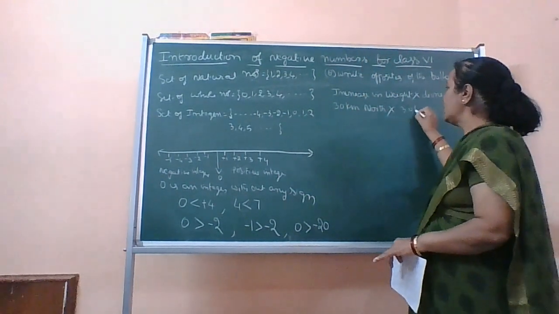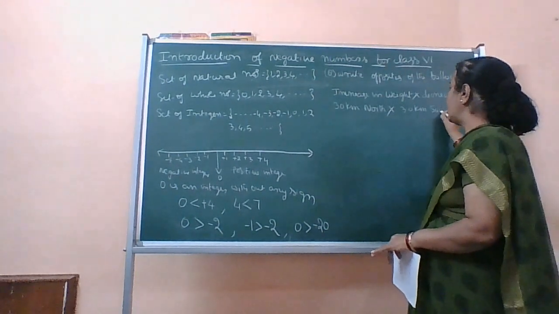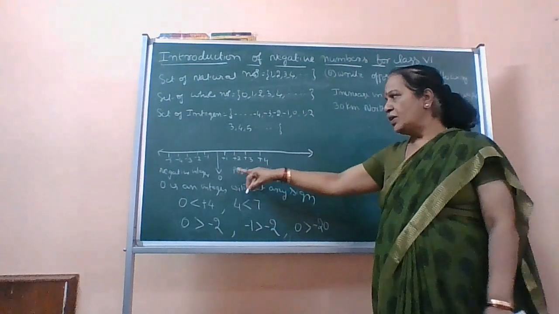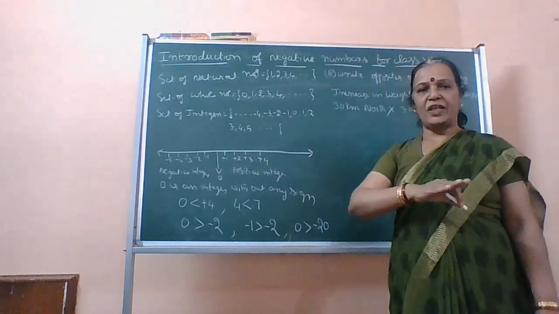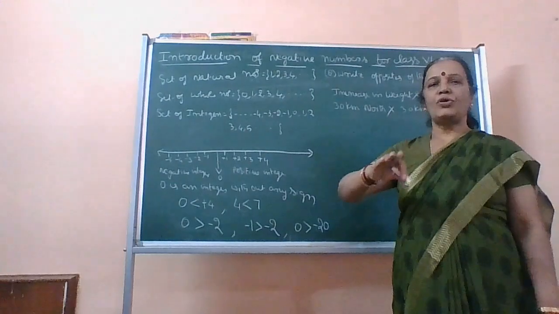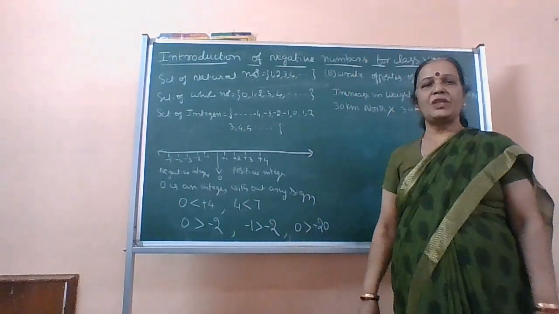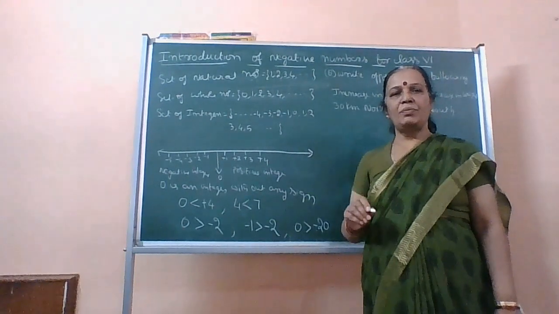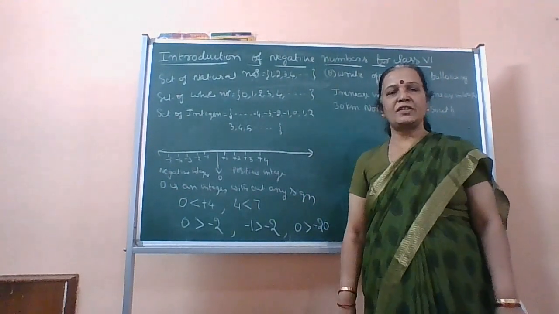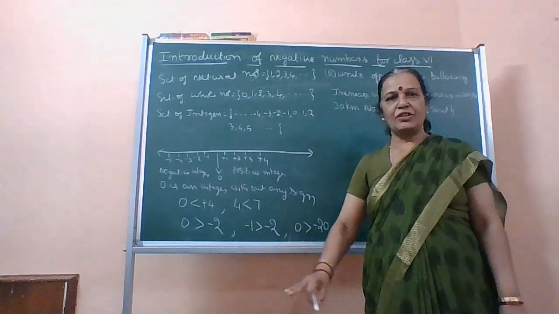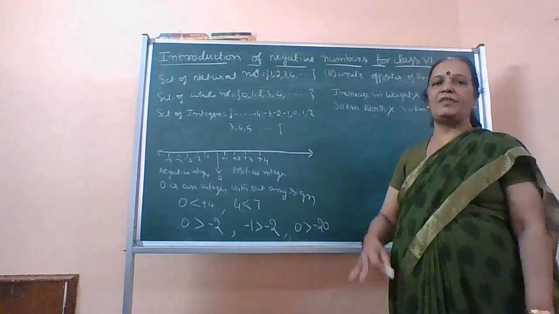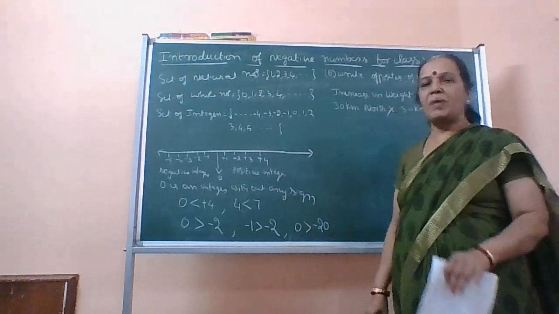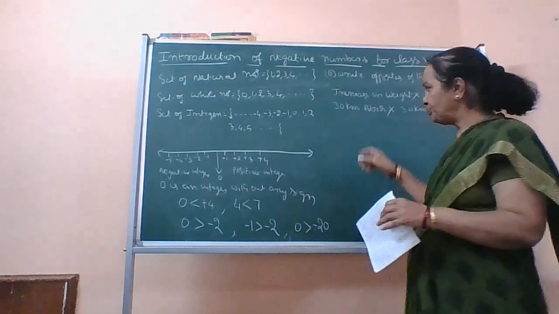Therefore, it is 30 kilometers south. If you take 0 as the base, if you go 30 kilometers to the north, it is plus 30 kilometers, and if you go towards the south from the base level 0, it is represented by minus 30 kilometers.